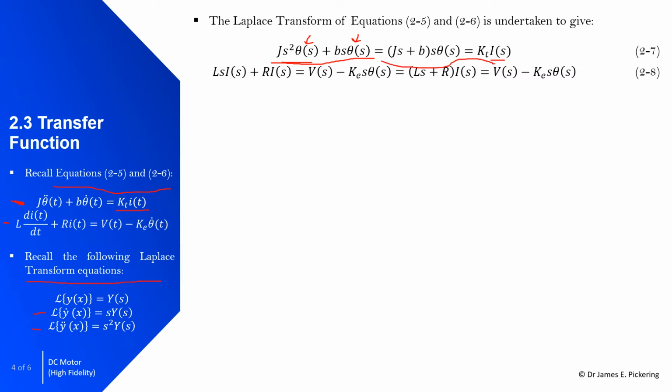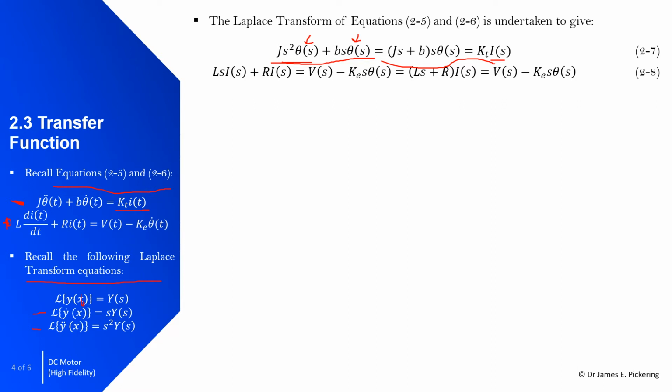So then let's move on to the second one. Here you can see it's slightly different notation. You can use different notations, but d over dt is effectively just your first derivative, so it's the same as y dot. So y dot of x is effectively going to become sY of s. Here I should say actually these are x's, but in the previous notation these are t's.